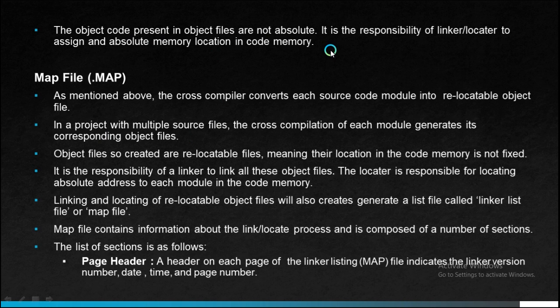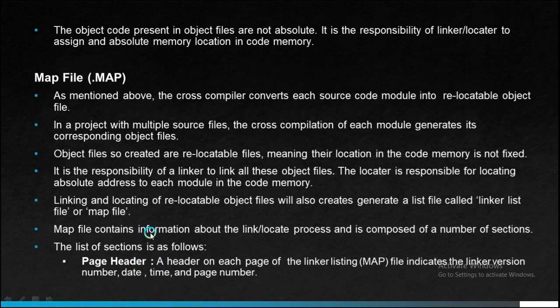So we need to map this object code to a fixed memory location, which is done by the linker and locator. The details of the linker and locator, and all the details they need, will be included in this map file. The map file is quite a huge file, which also includes various sections of the list file.